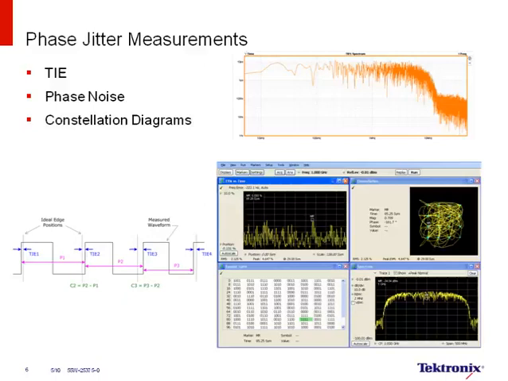So for example, let's say you make a TJ measurement at BER and the eye is completely closed. The TJ is bigger than the UI. Well, does it mean that the part has failed?